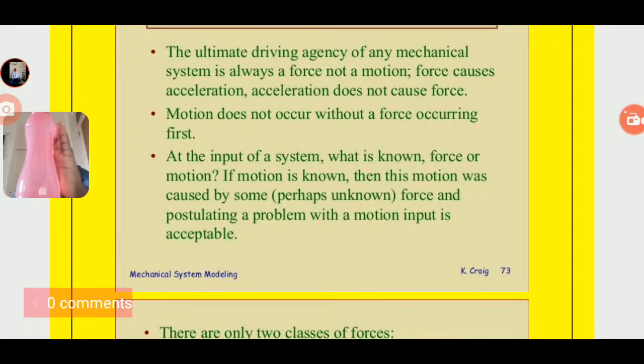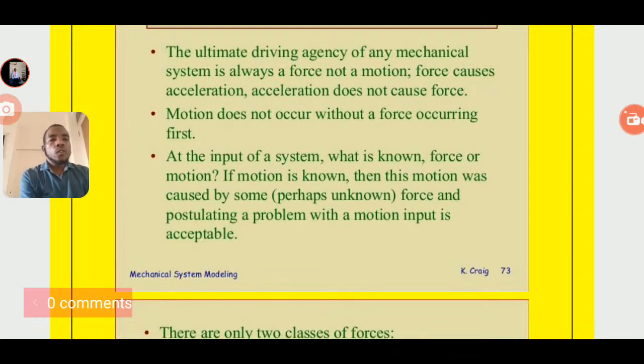When I apply the force, there is a motion. If there is no force, it is only stored, with no motion. So if I apply the force, there is motion like this. This is the concept.